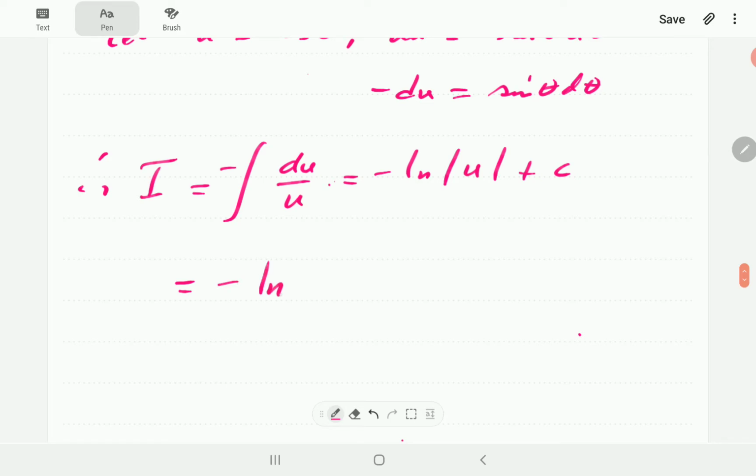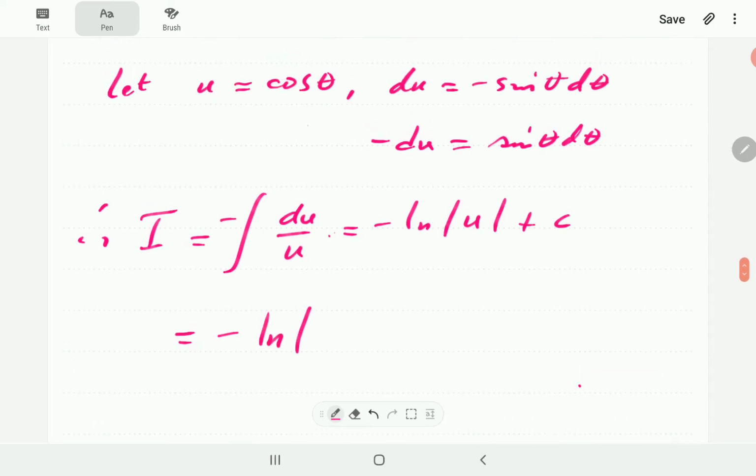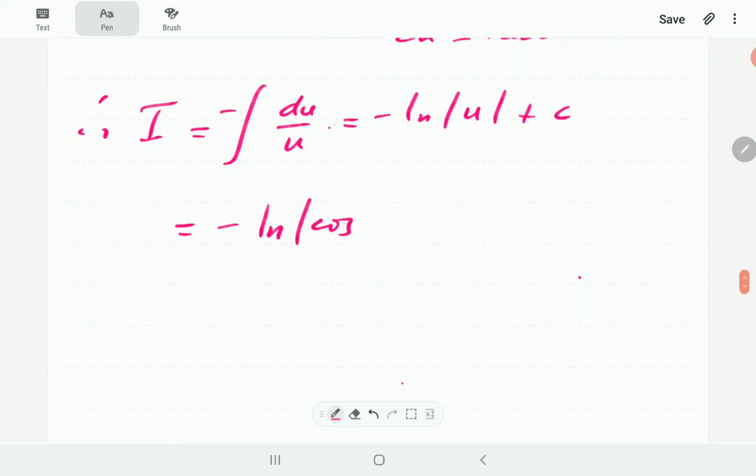However, u is cosine, so that's going to be negative ln magnitude of cosine theta plus c.